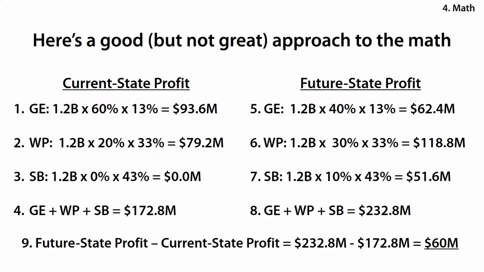Great, and now I just add the 3, so that's 232.8 million. So now I need to subtract the 2. So 232.8 minus 172.8, so the incremental profit is $60 million from this mix change.